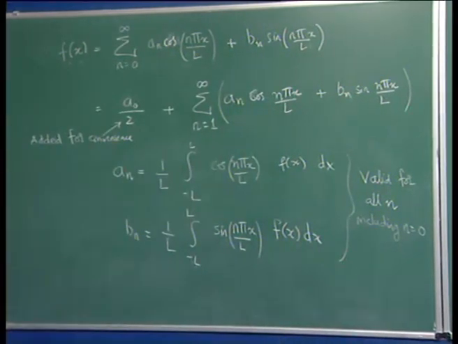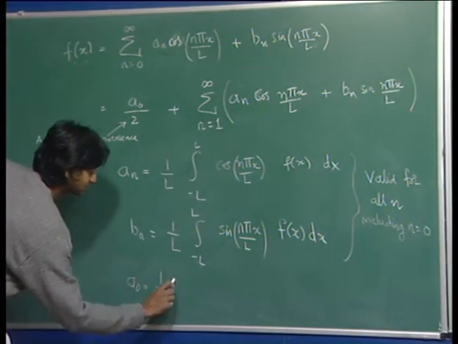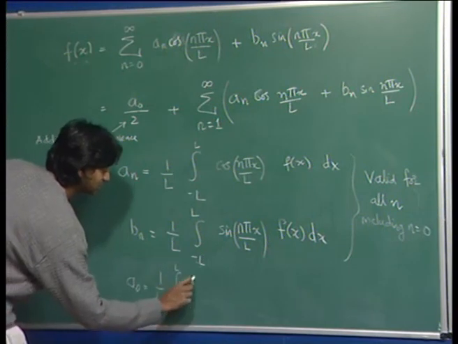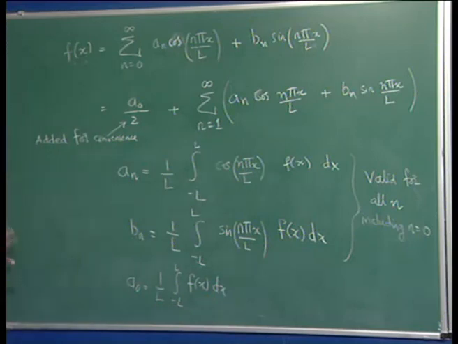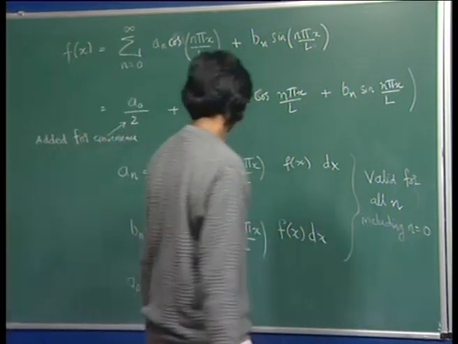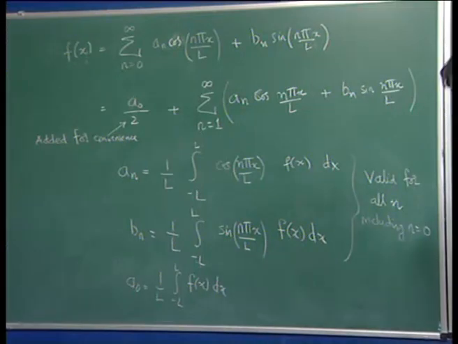So, in other words, a 0 is equal to 1 over L integral from minus L to L of f of x dx. So, a 0 is just the area under this function f of x divided by a factor of L.